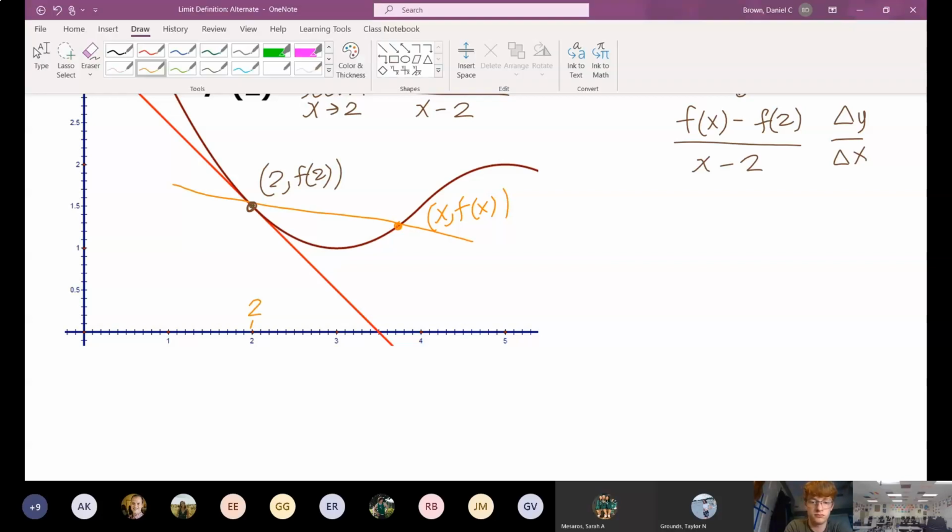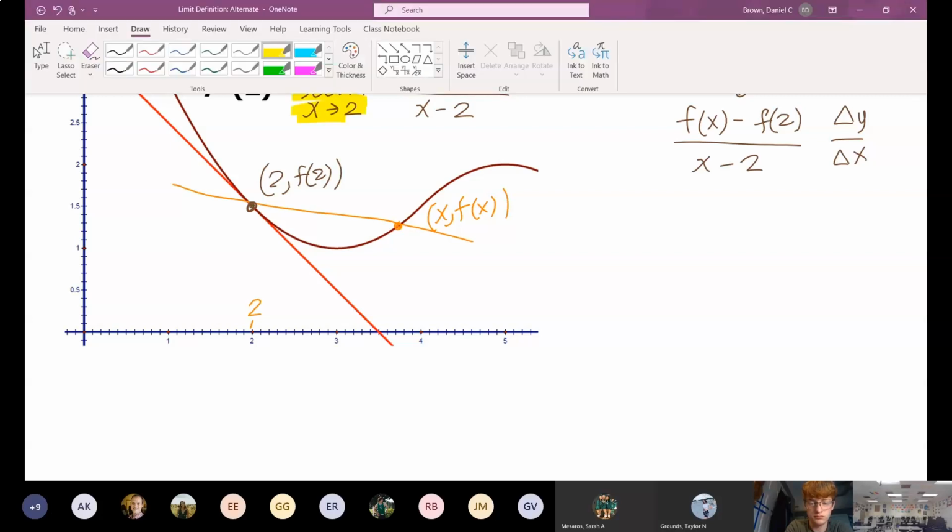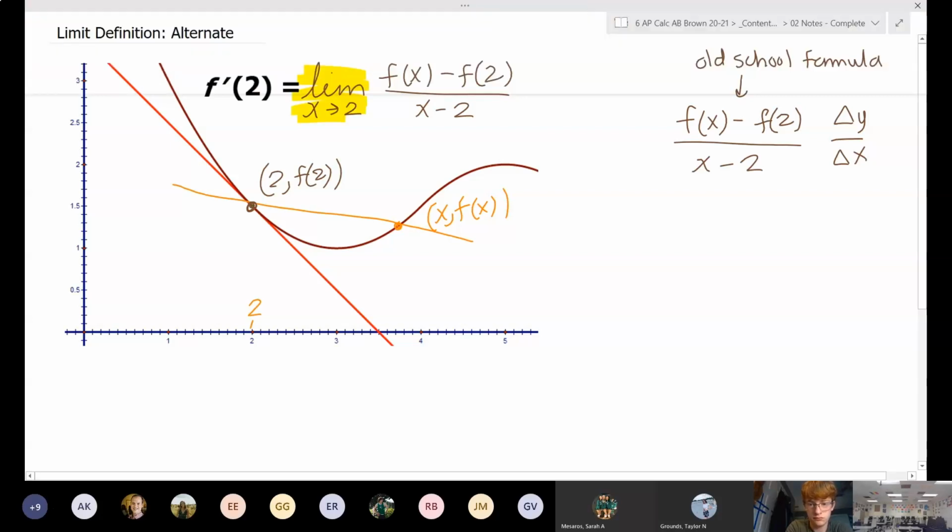By adding the limit here, I want us to remind ourselves what the limit means. The limit as x is approaching 2. So what that literally means is this x coordinate over here is approaching the x value of 2. So think conceptually what's happening.